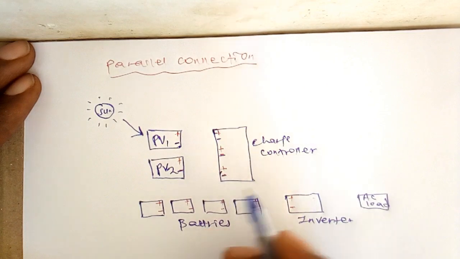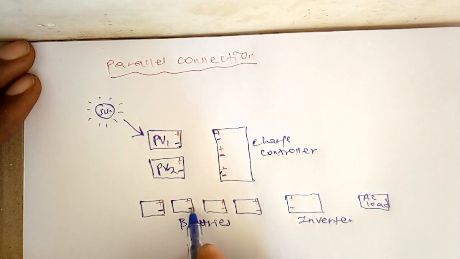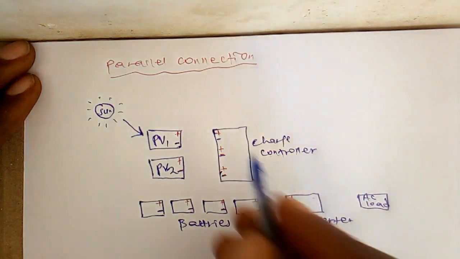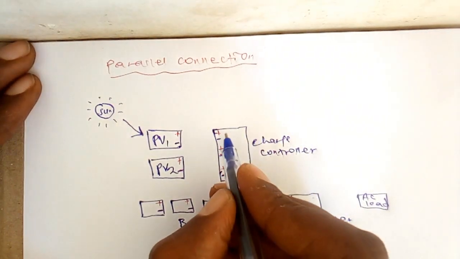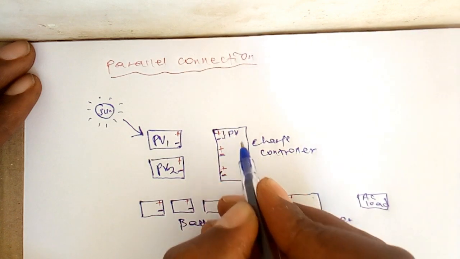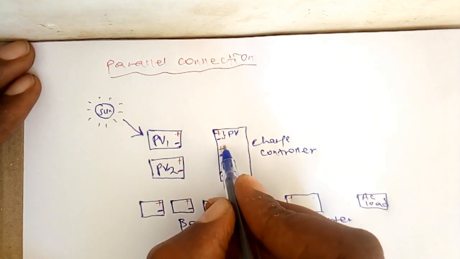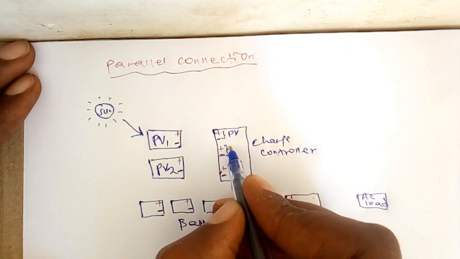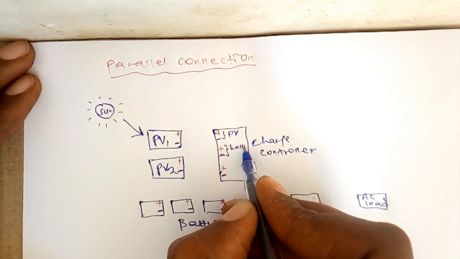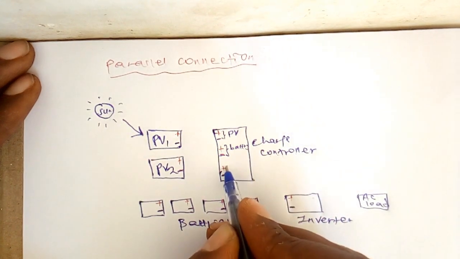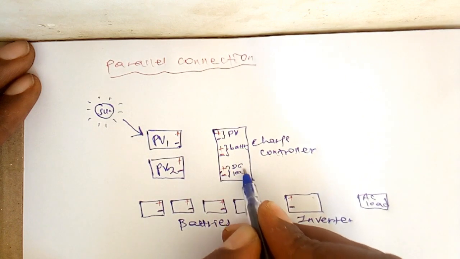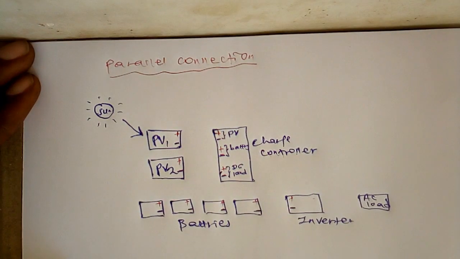This is a minus sign. The red pen is the plus, and the blue pen is the minus. The first port is the PV port, the second is the battery, and the third is the DC load of the charge controller.